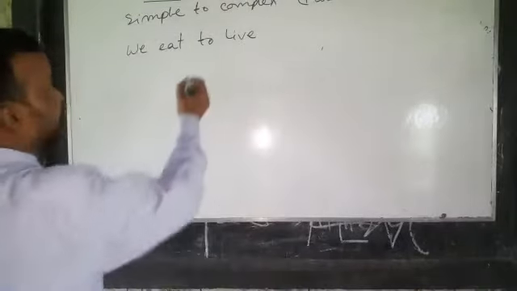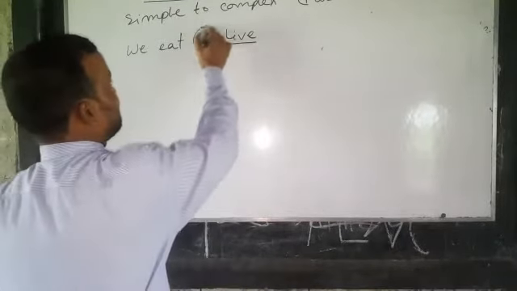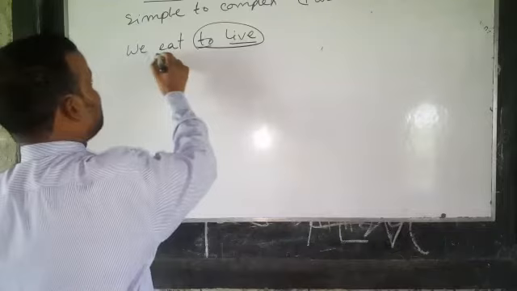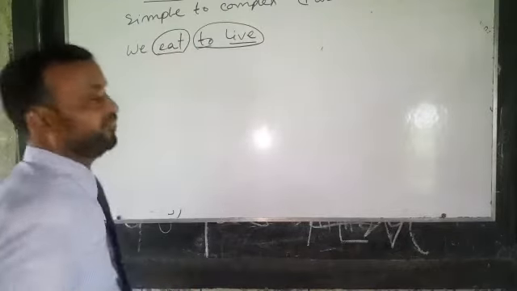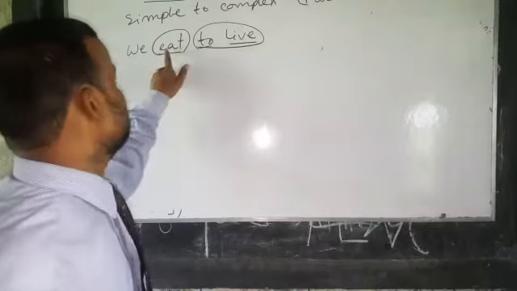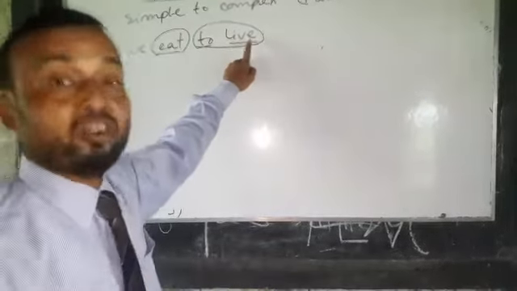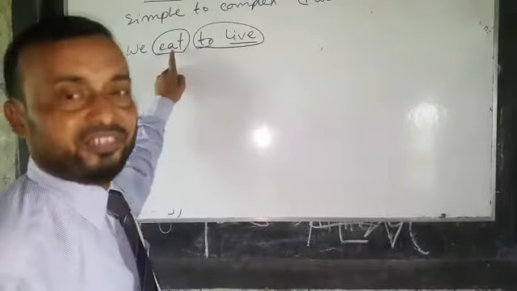My dear students, this is to, this is verb. To plus verb. That means this is the infinitive and this is the finite verb. That means there are two verbs, eat and live, but this is not a finite verb. This is a non-finite verb and this is the finite verb.